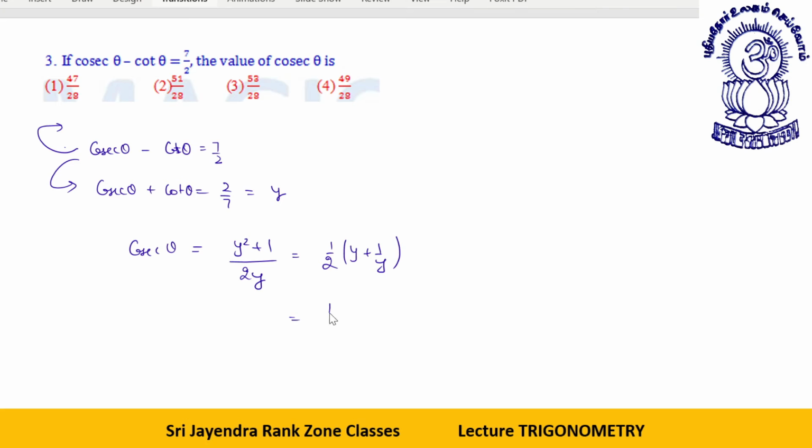So it becomes 1 by 2, y is 2 by 7, 1 by y is 7 by 2. Okay. 4 plus 49 by 2 into 7. This will be 53 by 28.